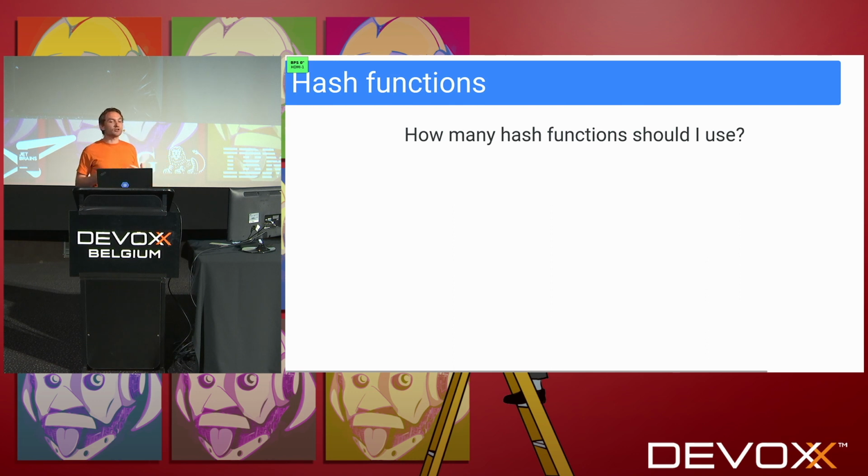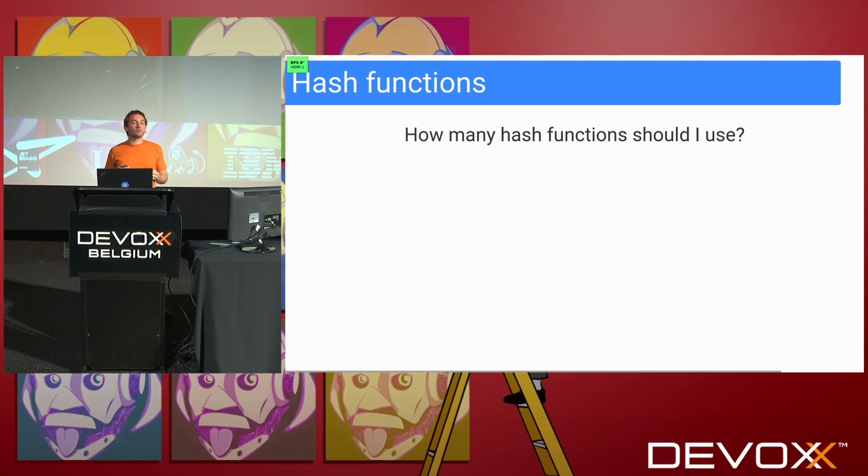How many hash functions should I use? Does this mean that the more hash functions we use, the better the results? Not really, because if you have more hashes, then it implies flipping more bits for each element and filling up the bit set more quickly, making it completely black, turning it useless in practice.